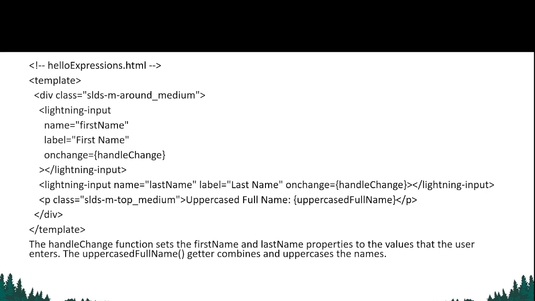So the lightning input name is again changed to last name, and then the label is last name. So handle change is changing the event from the first name to the last name, and then uppercase full name. Then the template is closed. The handle change function will set the first name and last name properties that the user enters.